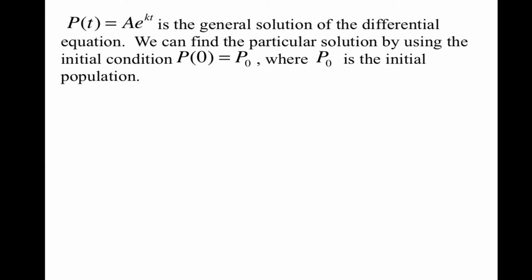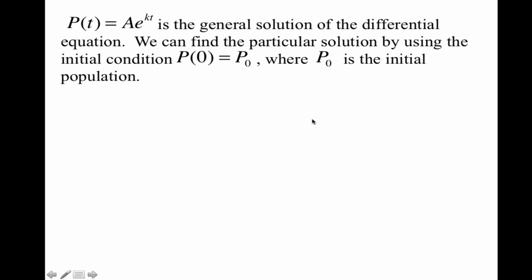And since this is the general solution, we can find a particular solution by using the initial condition of P of 0 equals P naught, where P naught is the initial population, where 0, of course, is at the start of time, or whenever you do your experiment.